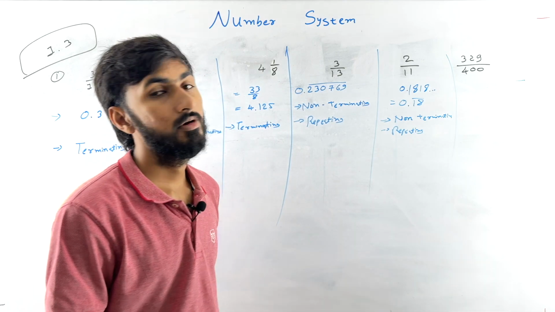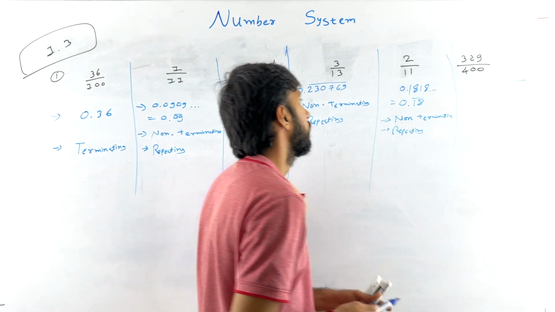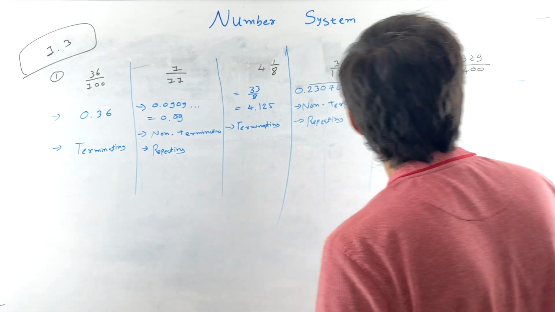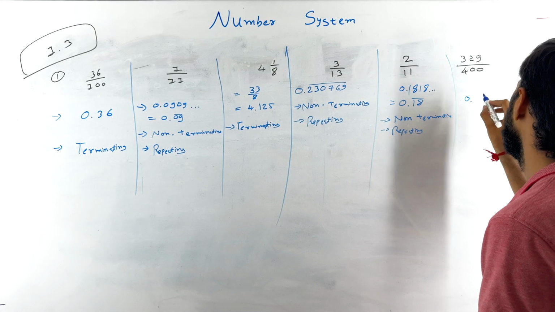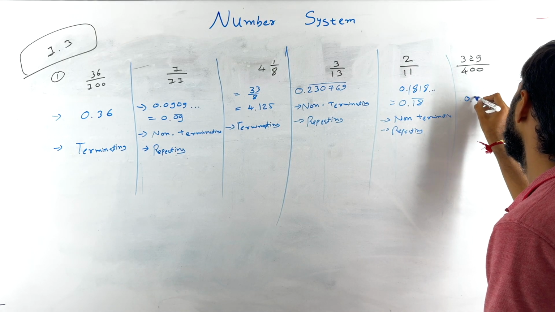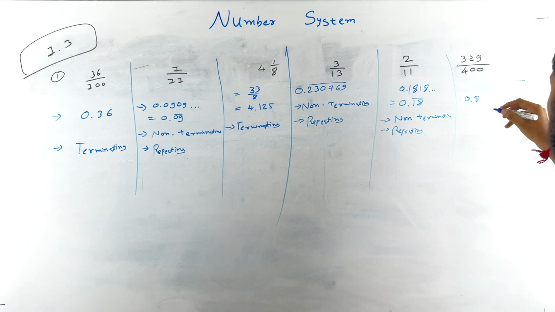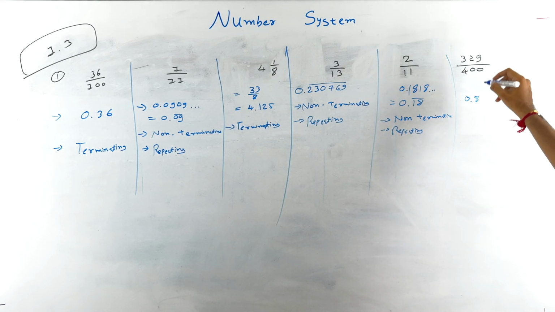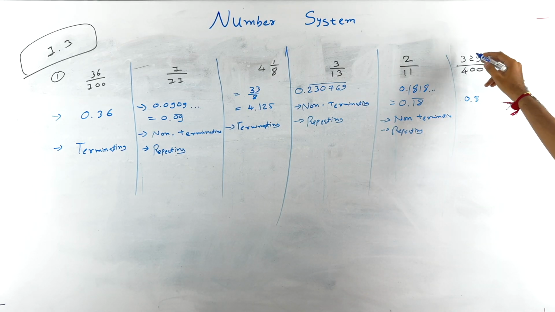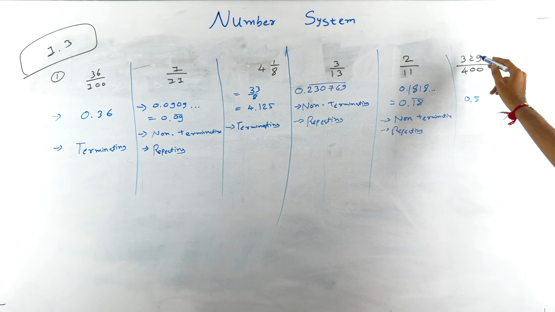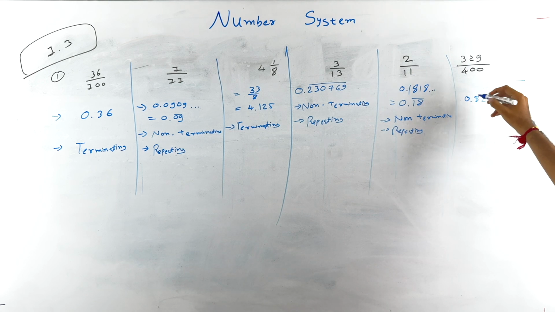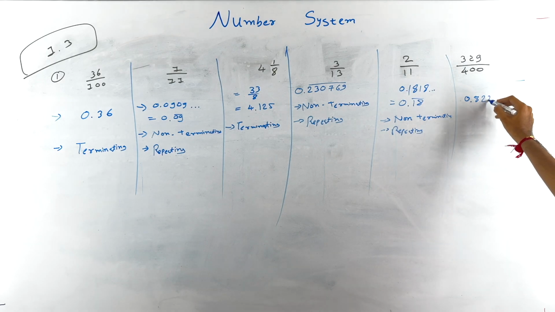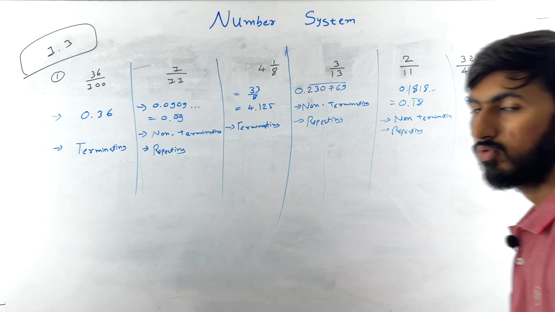Now 329 divided by 400. If you divide 329 by 400, the answer will become 0.8225.